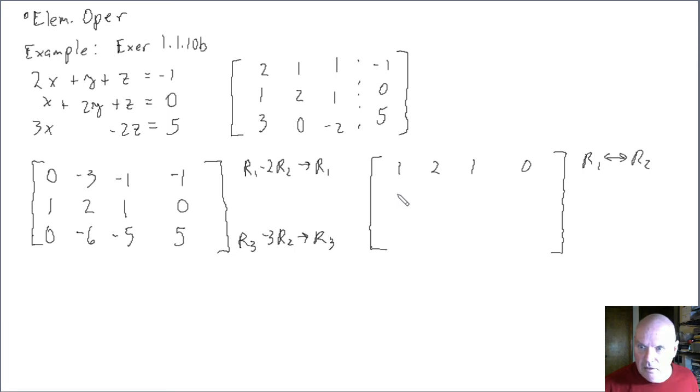Let me copy down the old row 2. And then I'll do one other operation here: I'm going to replace row 3 with row 3 minus 2 times the old row 1.